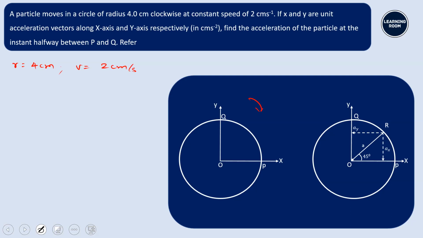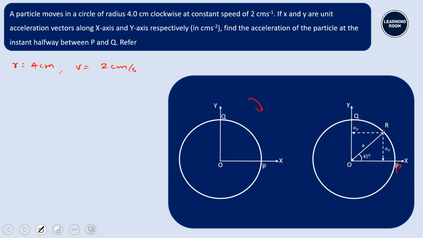If x and y are unit acceleration vectors along the x-axis and y-axis respectively, find the acceleration of the particle at the instant halfway between P and Q.